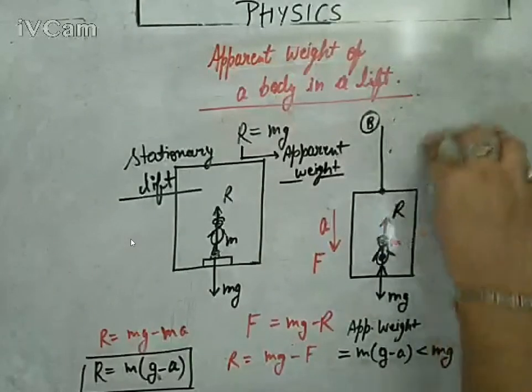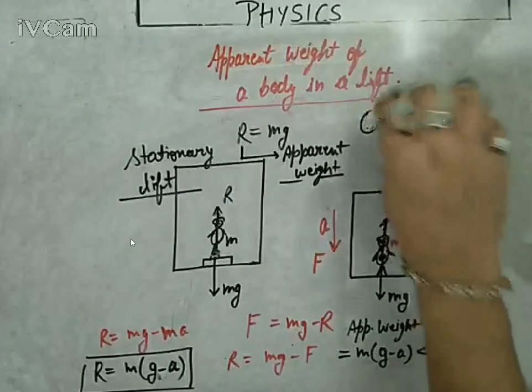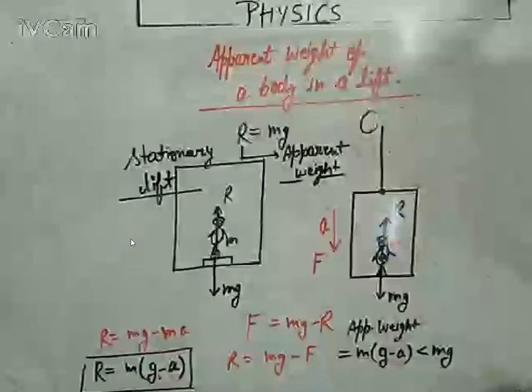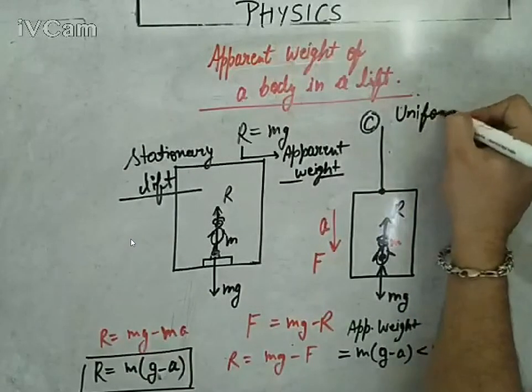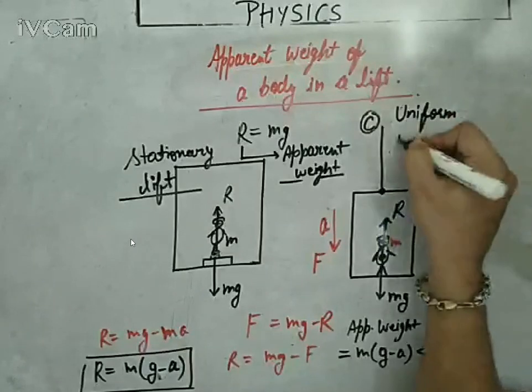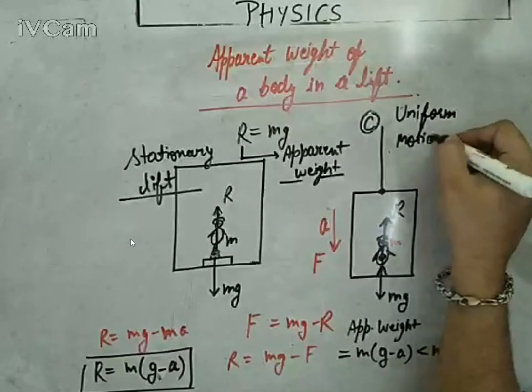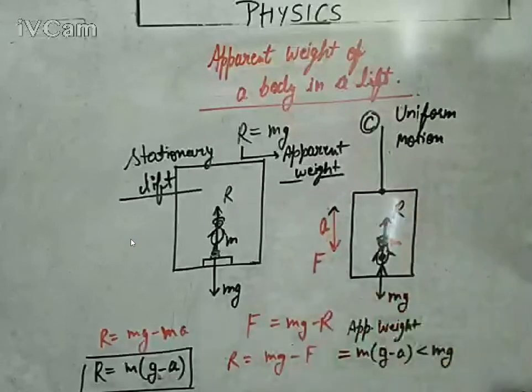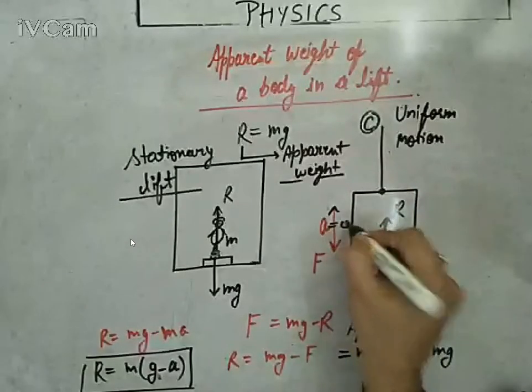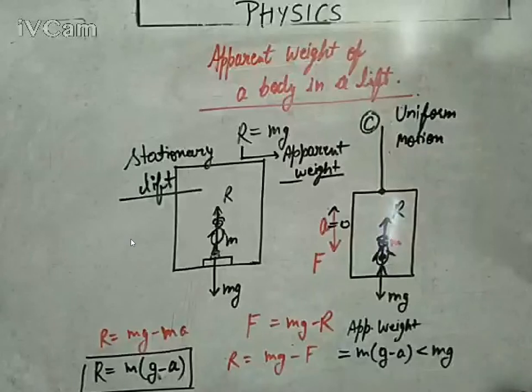Constant velocity means uniform motion. So in that particular situation, acceleration would be 0, and if acceleration is 0, the resultant force would be 0.